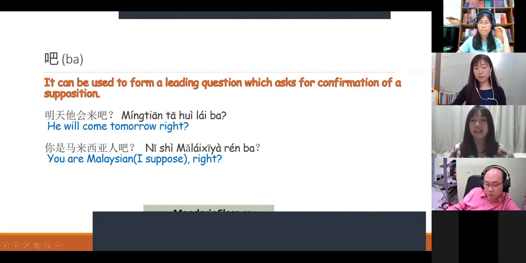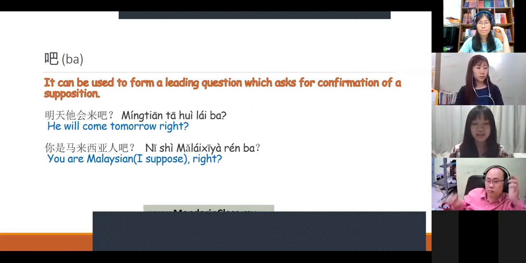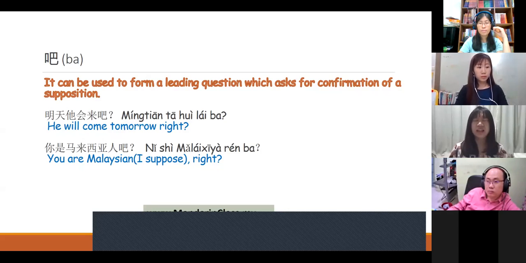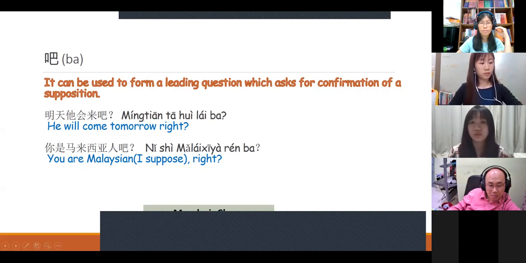So, just like I say, ma is usually to confirm a question, but ba here is more confident to confirm an answer. It roughly has an answer there, maybe 30% I will get correct. I use a very simple example to help you understand the difference between ma and ba. Let's say I use my name. 你是翁吗?